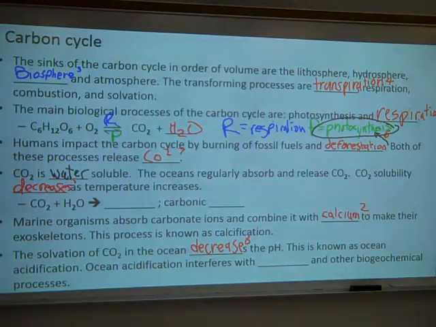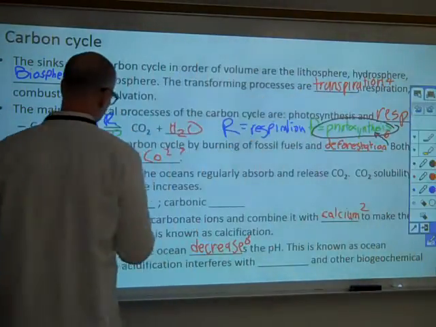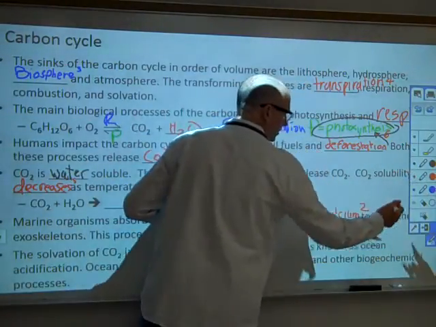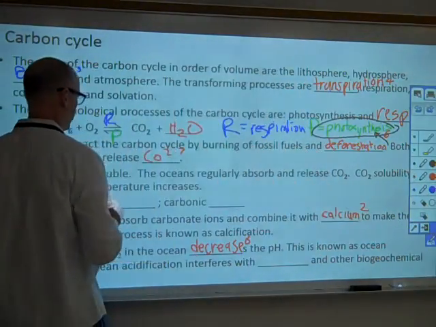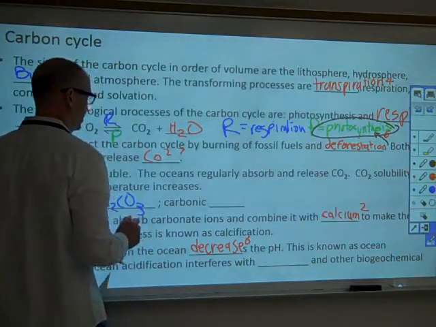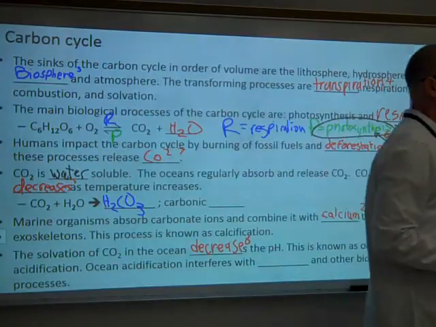Okay. So when CO2 dissolves in water, it goes through a partial reaction, to be completely honest with you, but it forms hydrogen carbonate.